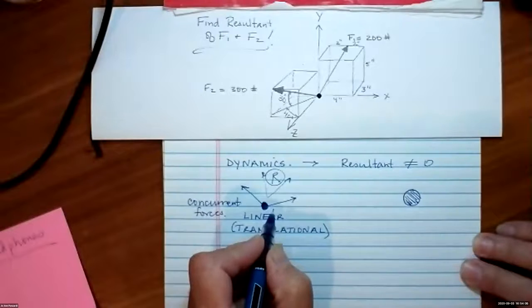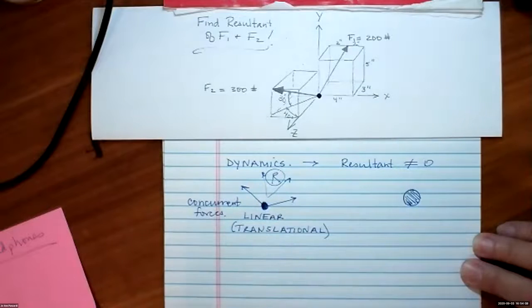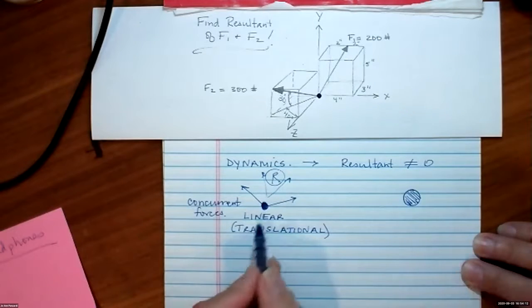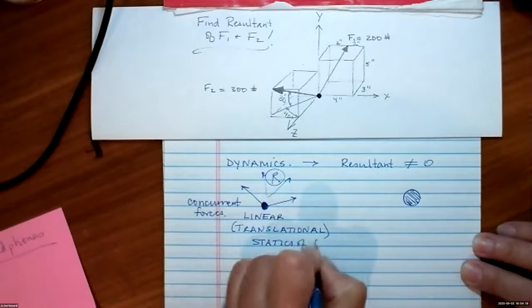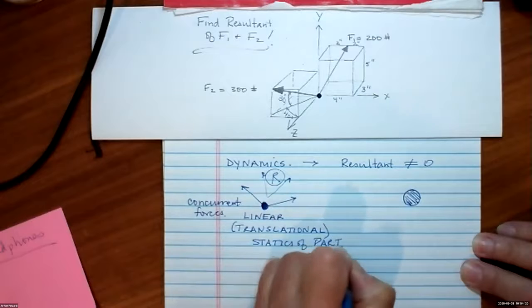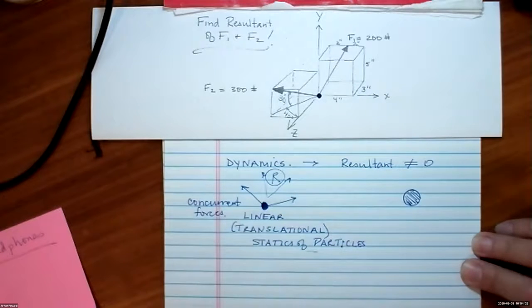Yes, we're always looking at it at one time, instantaneous. So when we do statics for this, it's called statics of particles, because the body is reduced to a point. When you look at the topics we cover in statics, one of the topics is statics of particles.